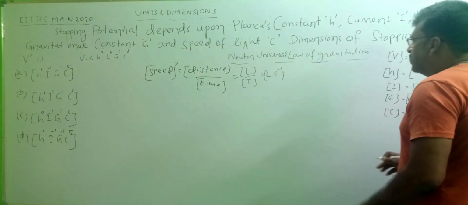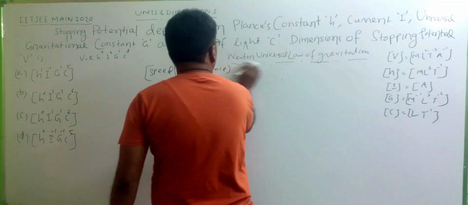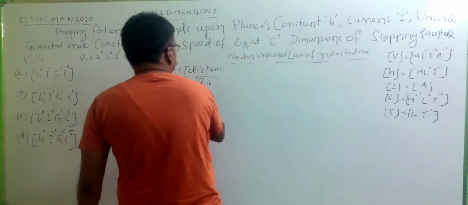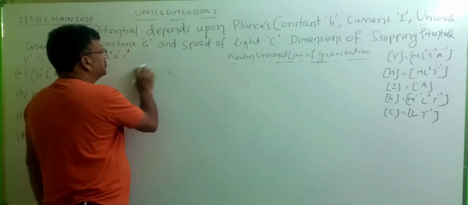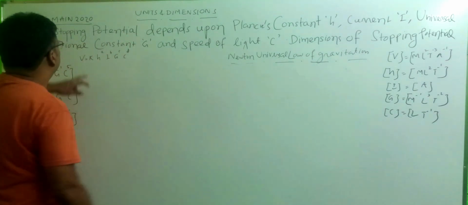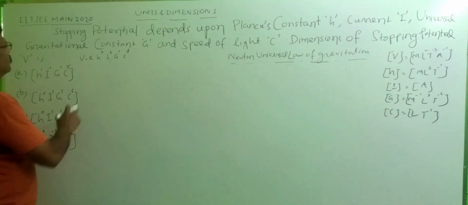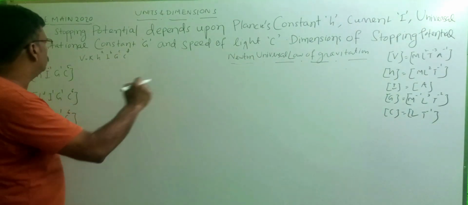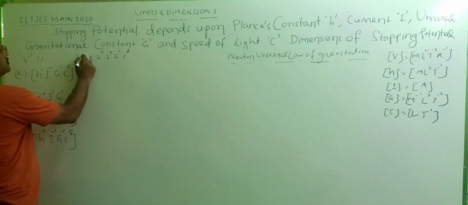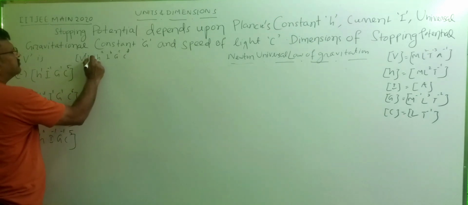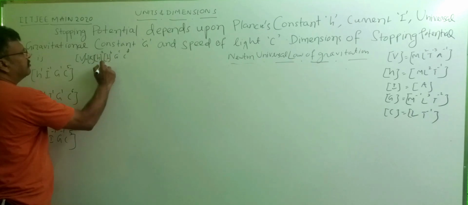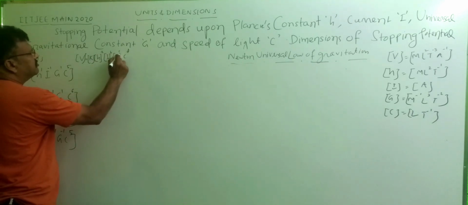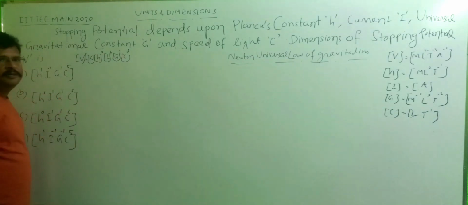Okay students? Now we will use the dimensional formula for these 5 physical quantities to write an equation which is given in this relationship. So what is V, students? We will write like this: dimensions of V is equal to dimensions of K into dimensions of h to the power a, dimensions of I to the power b, dimensions of G to the power c, dimensions of c to the power d.